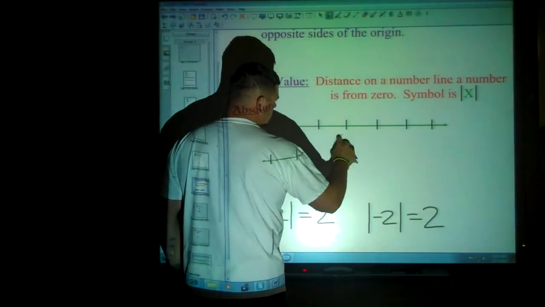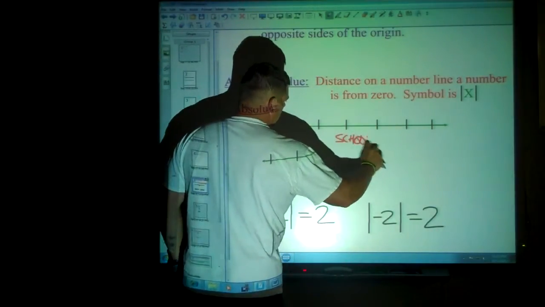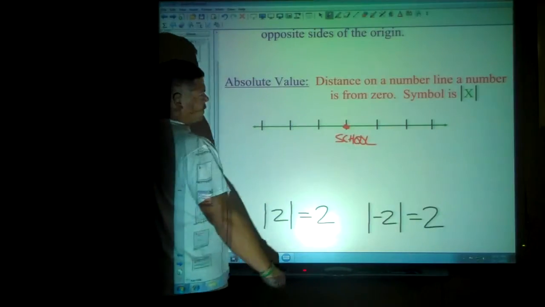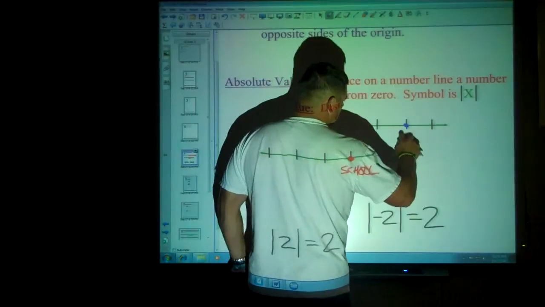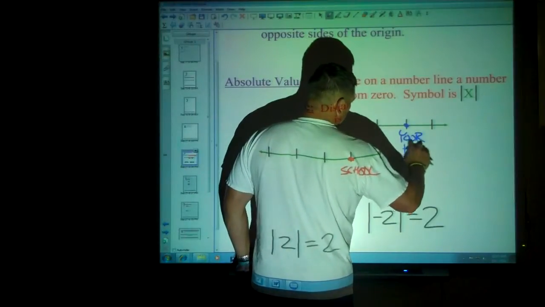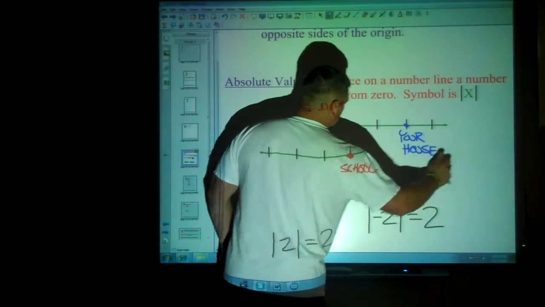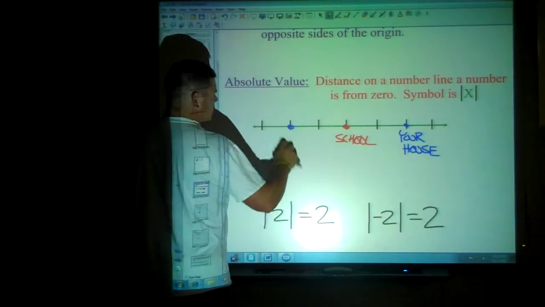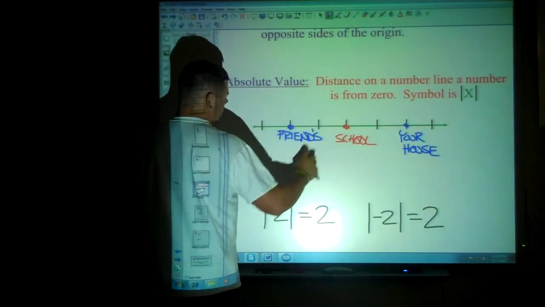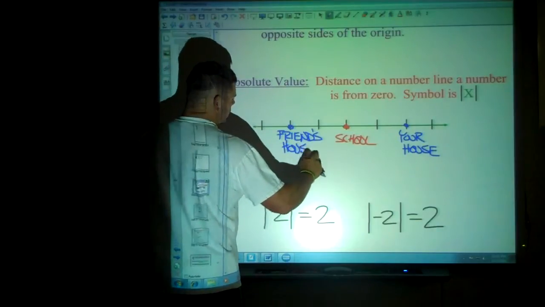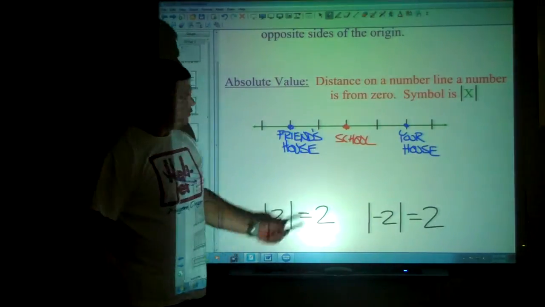Pretend as if right here was the school. Alright? Right there's the school. And this is your house. And over here is your friend's house. Now, how many blocks are you from school?